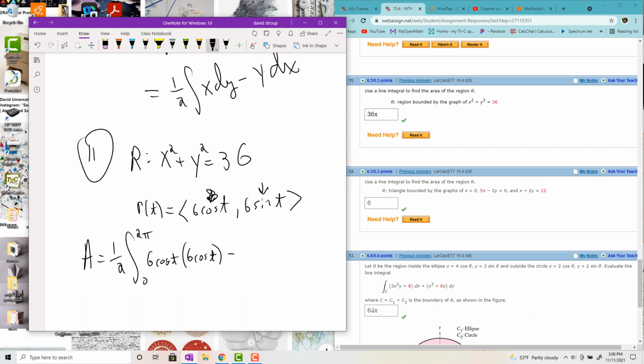So whoops, that's not y, this is y. So minus y, 6 sine of t times the derivative of x, which would be -6 sine t, right? Okay, dt.